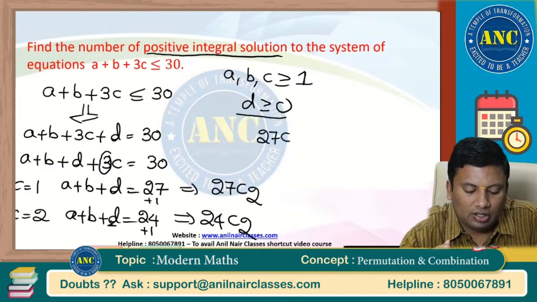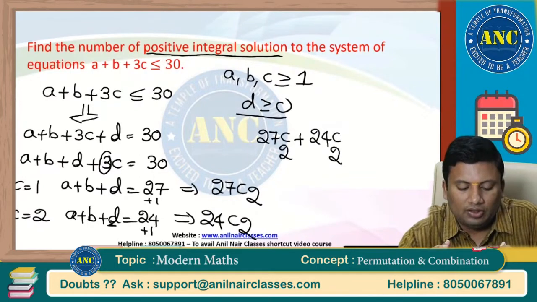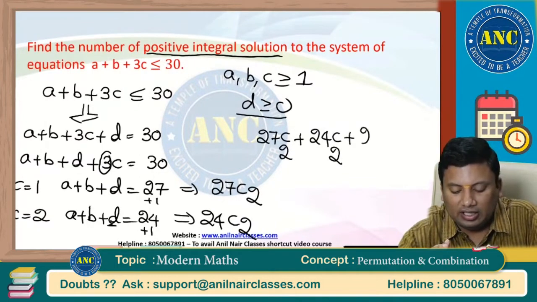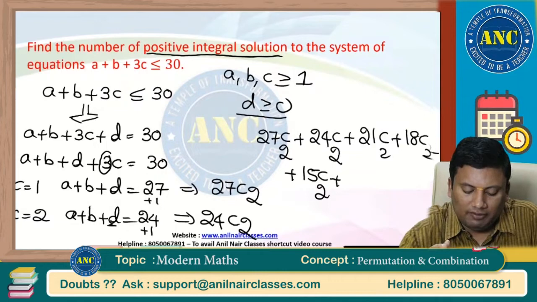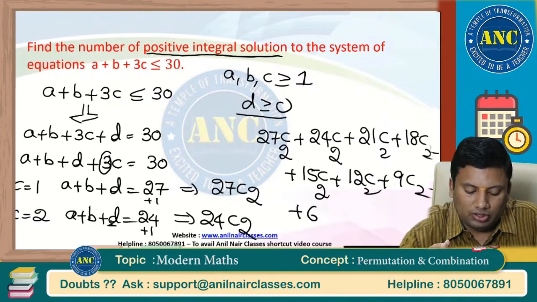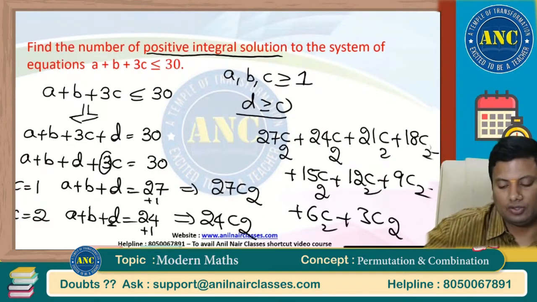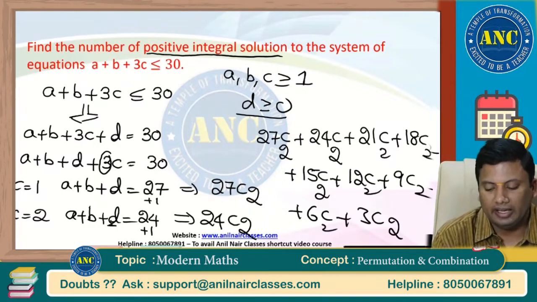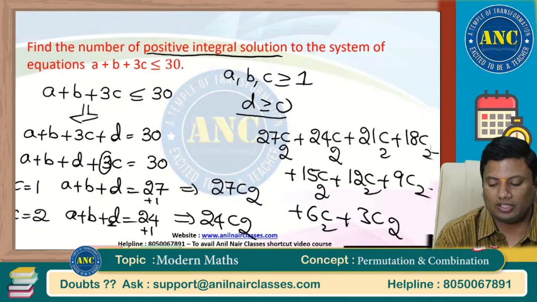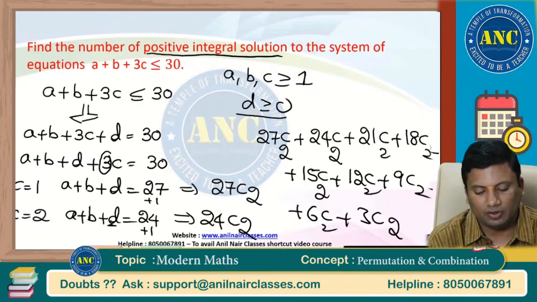So the answer is 27C2, 24C2, and so on. 3 9s are, 3 8s are, 3 7s are, 3 6s are, 3 5s are, 3 4s are, 3 3s are, 3 2s are, and 3 1s are. The answer is 27C2, 24C2, 21C2, 18C2, 15C2, 12C2, 9C2, 6C2 and 3C2.